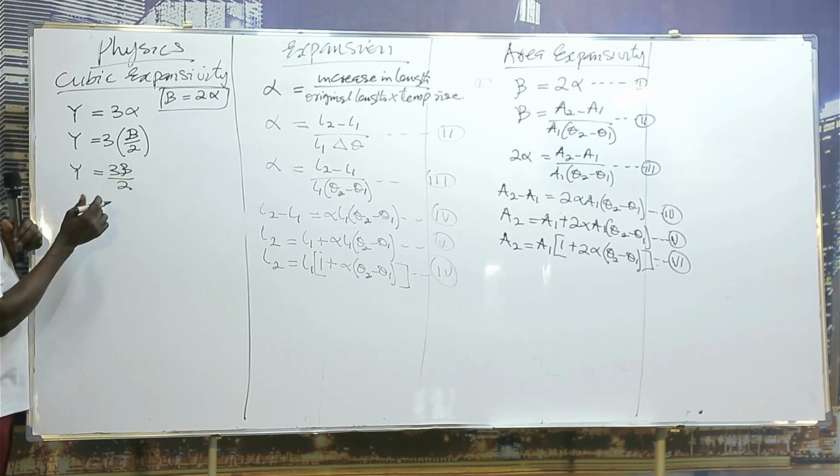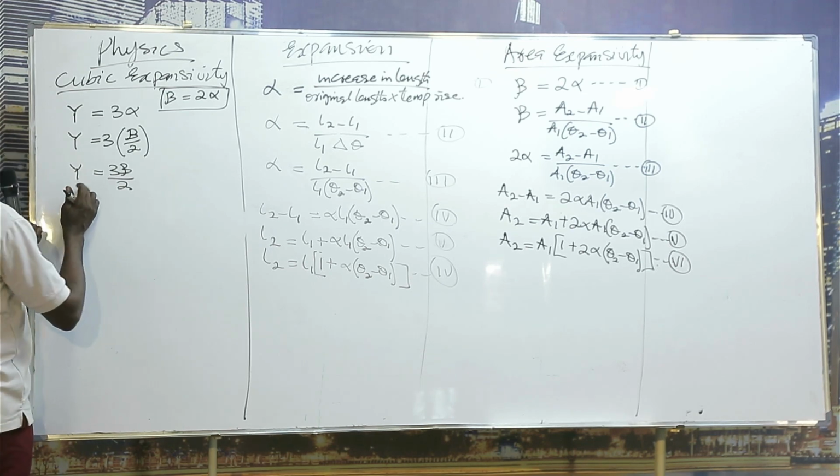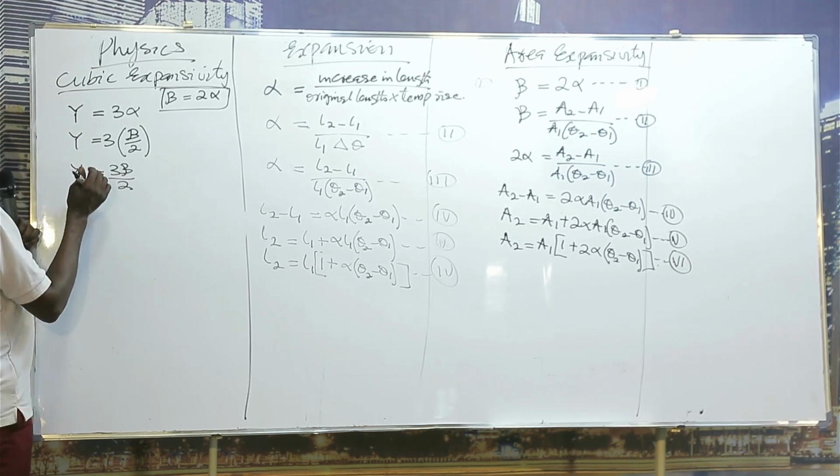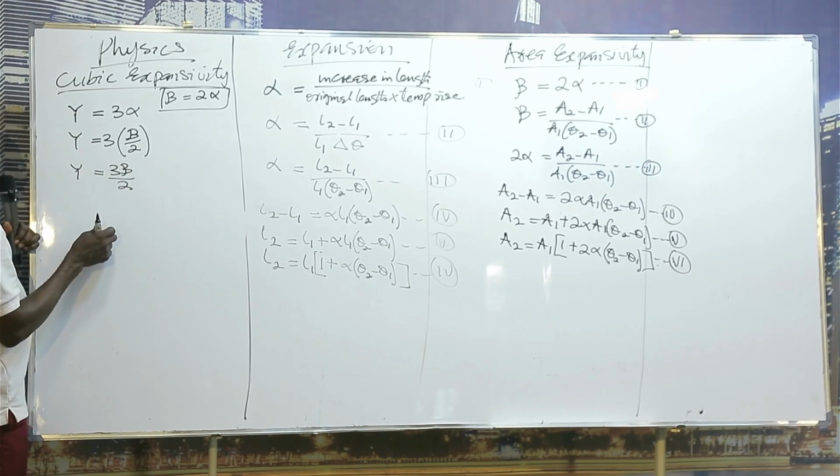You go direct because JAMB does not require most derivations. What you need is the short methods. So learn all these things. This same volume expansivity is related to the area by this equation.